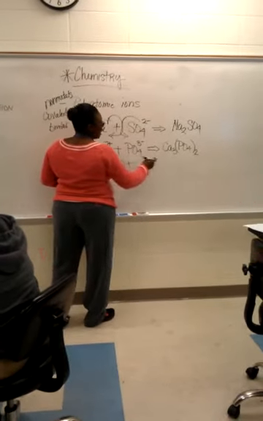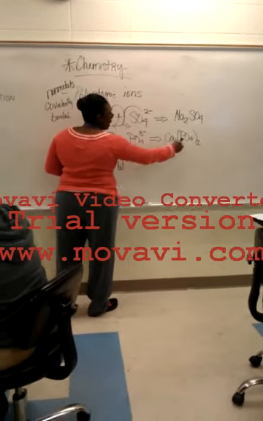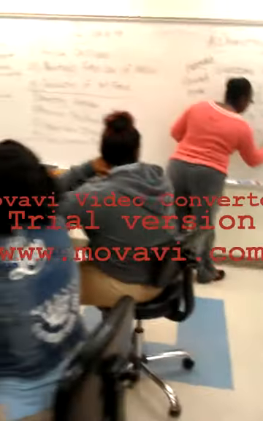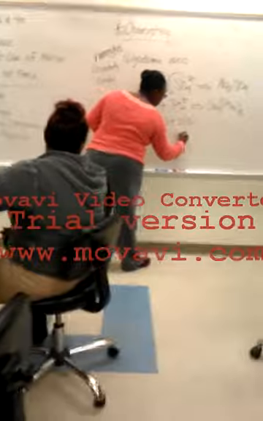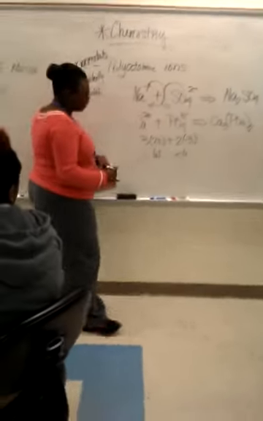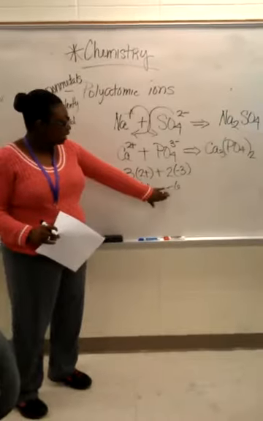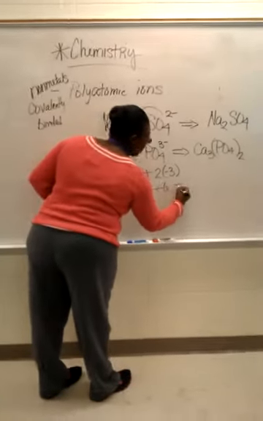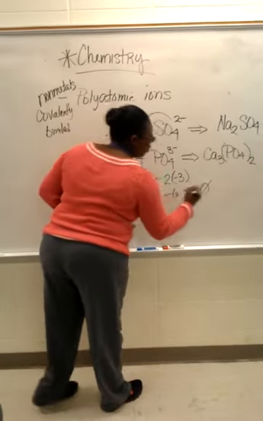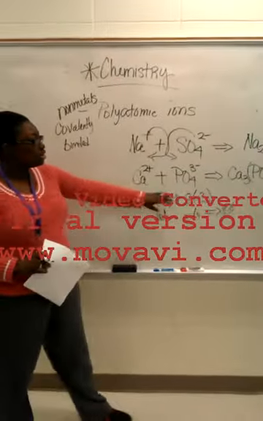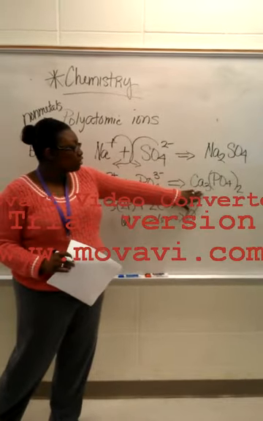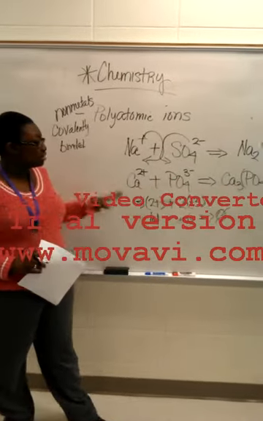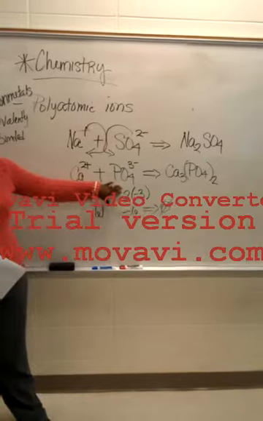And then I also have my phosphate, and I have 2 of those, each one of them giving a -3 charge, which gives me a -6 here. So 6 plus a -6 makes this compound 0, and it is neutral. So I know this is the correct compound for the reaction of calcium and the phosphate ion.